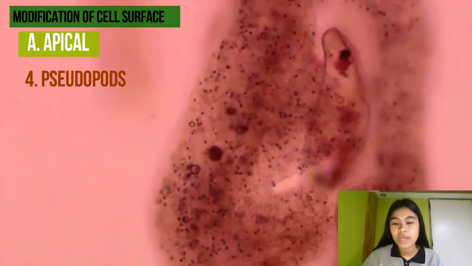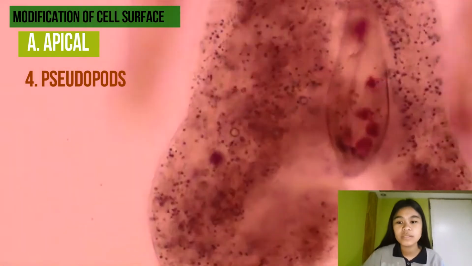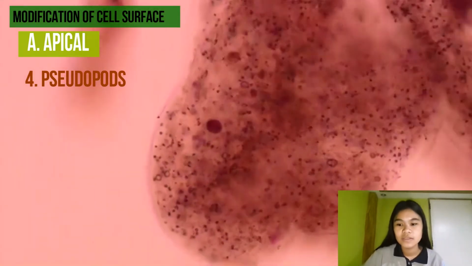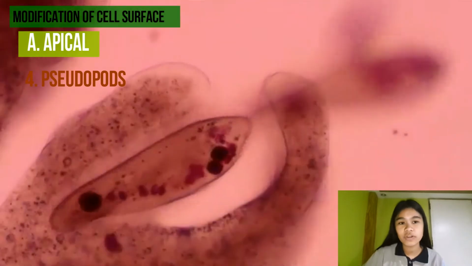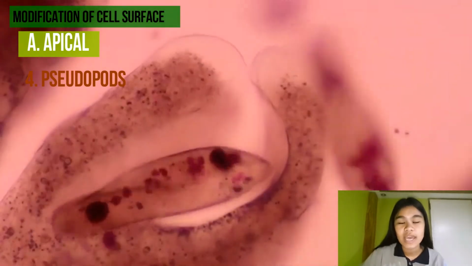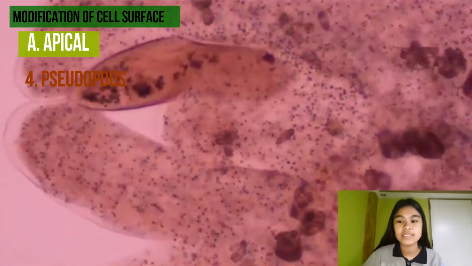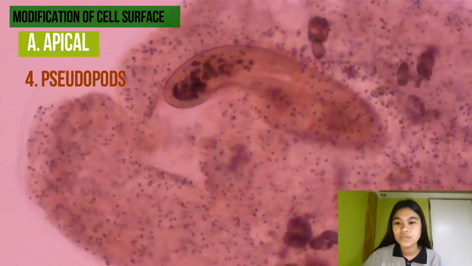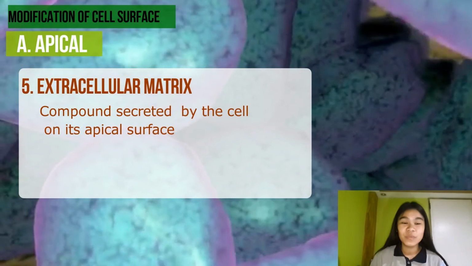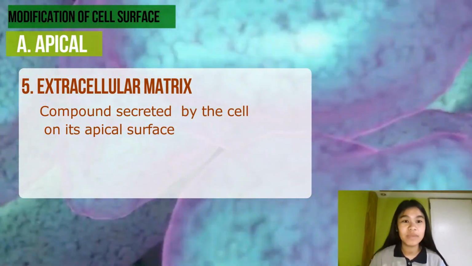So, we have there an example, just like the amoeba. So, as you can see in the illustration, nagkakaroon siya ng extension and then ini-engulf niya, nilalamon niya ang isang molecule.